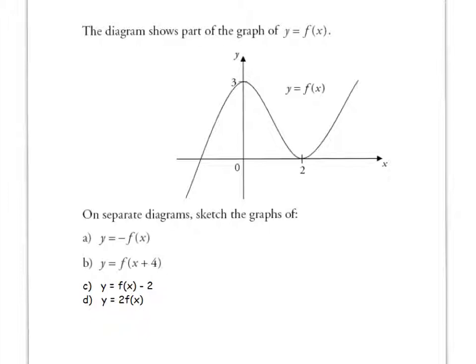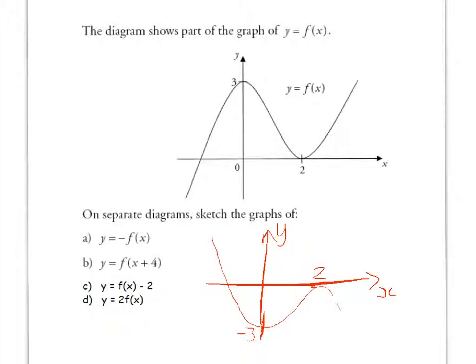So, quick sketch. So here we go. y, x. So the value of 2 is going to stay where it is. But now instead of crossing at 3, it's going to cross at minus 3. And you need to draw this graph the other way around. So instead of going from bottom to top, it's going to be this way around. And it's a quick sketch, and we've identified those 2 key values.